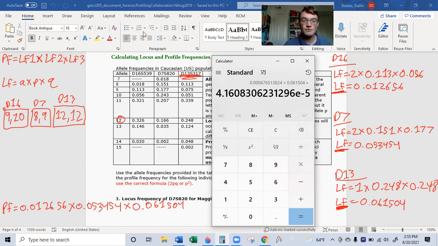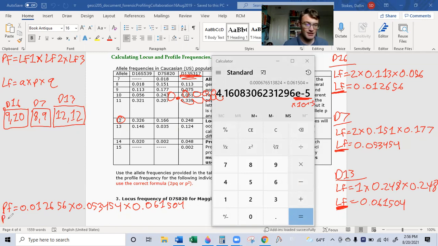That 4 looks like a really big number, but this e to the -5 is calculator talk for times 10 to the -5th. What that means is you actually have to move the decimal point 5 spots this way. So it would actually be 0.0000416, etc. That's my profile frequency.